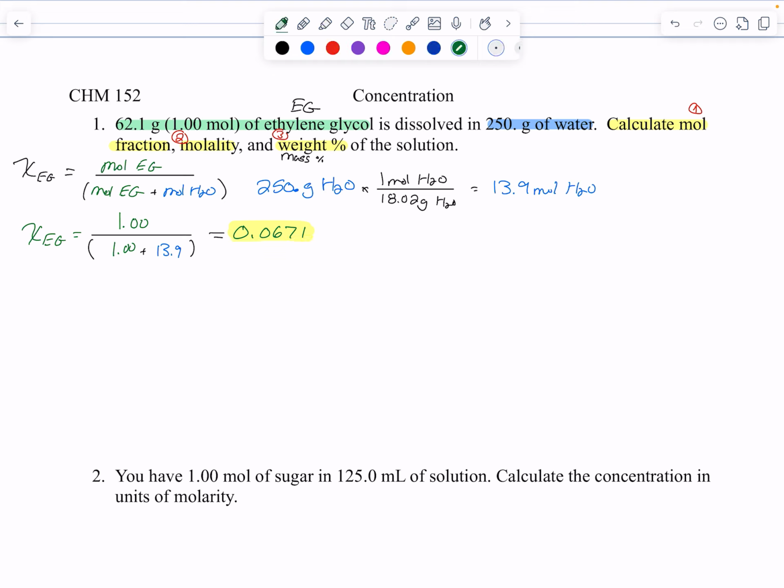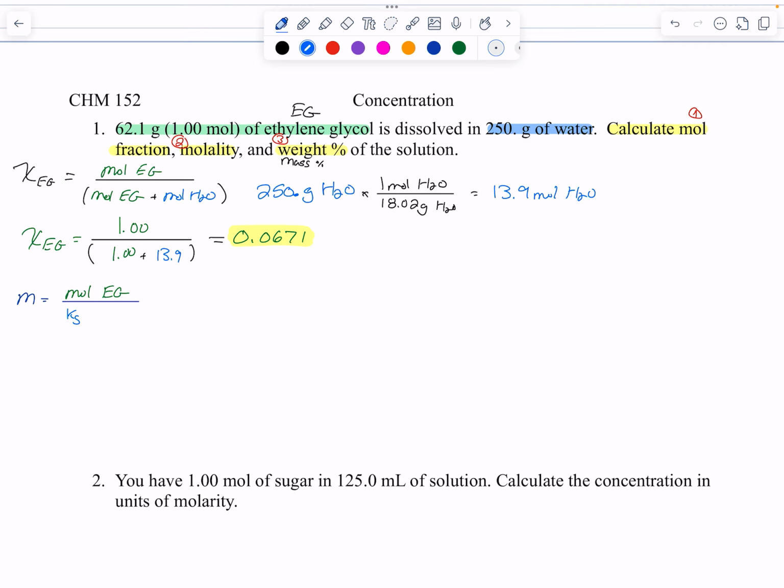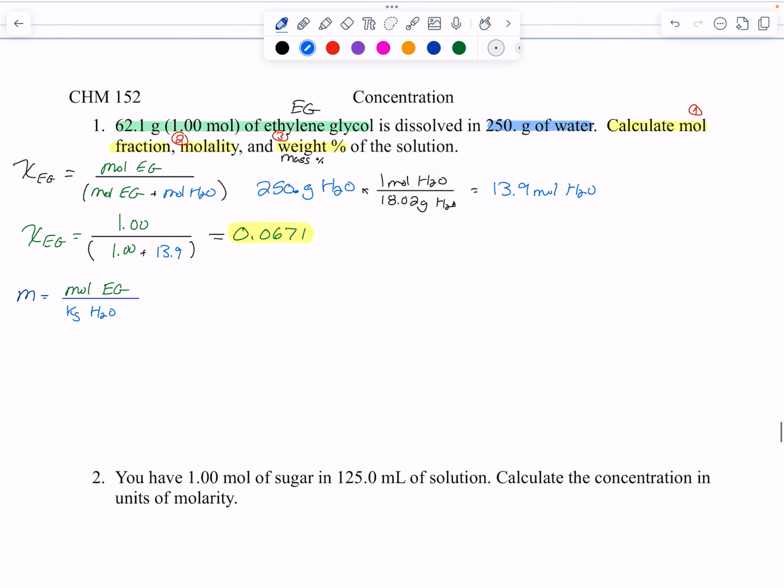All right. Second one, what do we have? Molality. So I'll do the molality here. Molality, little m, would be moles of ethylene glycol per kilogram of H2O. Well, I have those. We have 1.00 moles of ethylene glycol.